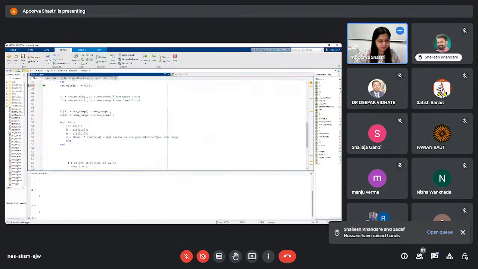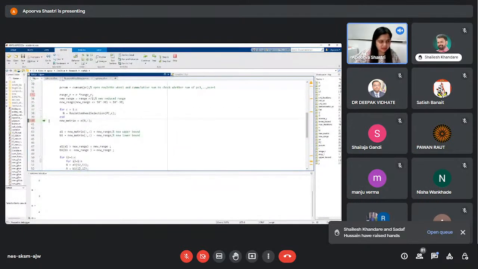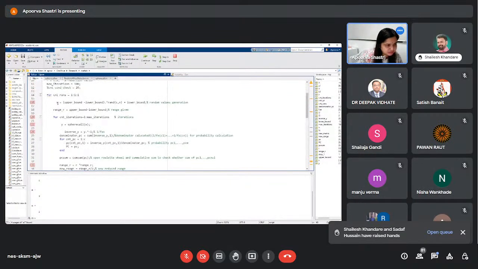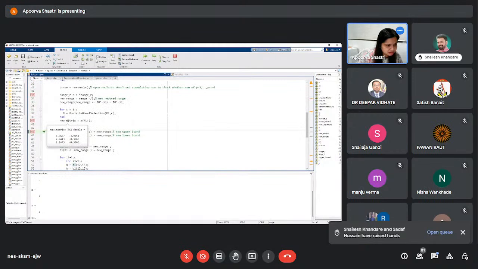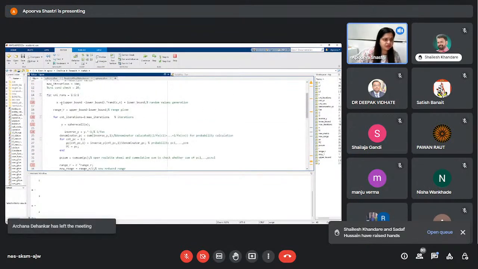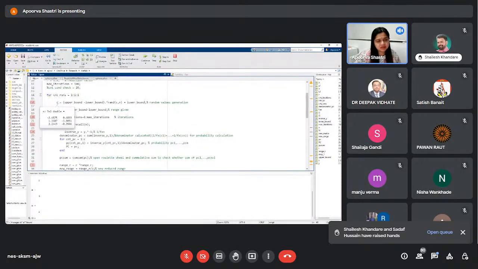Okay. Now, here the new matrix is generated. This new matrix has adopted the qualities. If you look at the earlier matrix, this is the earlier matrix, and let me check the new matrix. Yeah. So if you look at the x values, then minus 2.6575 and 0.4833 are for candidate 1.